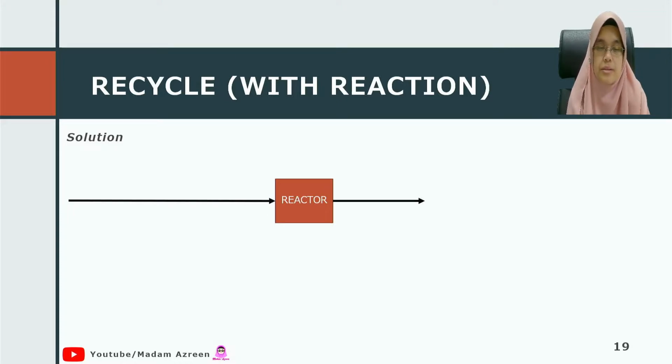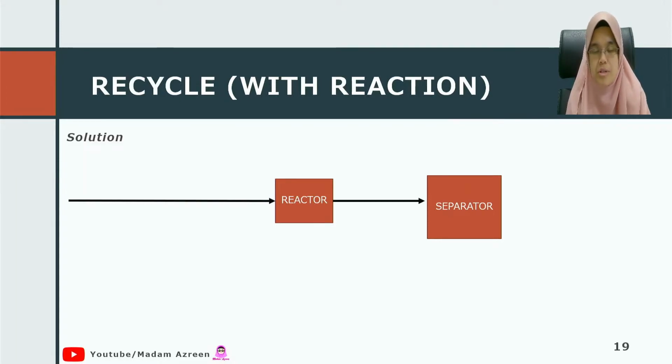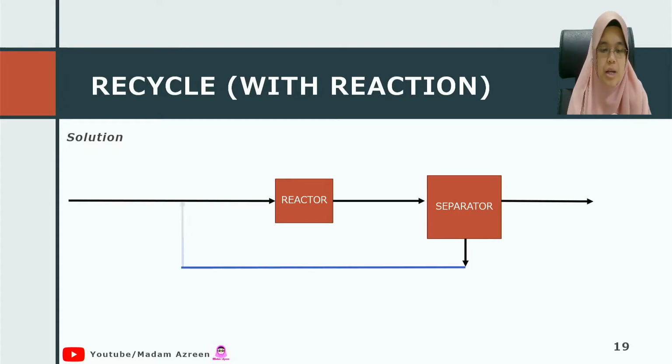You have a reactant and a product, and remember the product is being separated, meaning you need another piece of equipment named a separator. This separator will separate the product into two streams, and another stream is recycled back to the reactor. Okay, what information do we have?